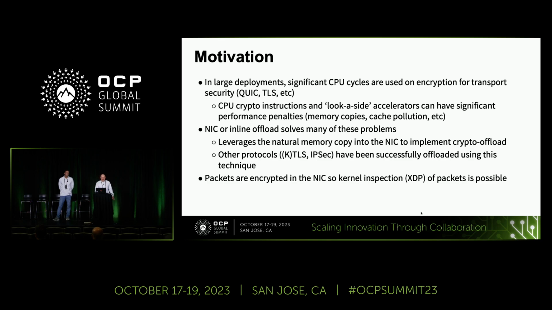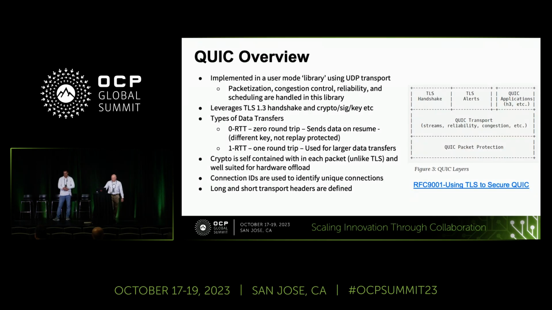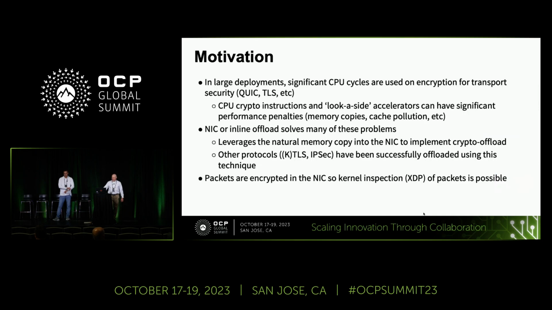So from a NIC perspective, we could do inline offload of this. If you look at a NIC, there's a natural memory copy that happens, either via RDMA or an L2 operation for buffers, that moves data in and out of the system. If we can leverage that copy, we can basically get it for free from a system level.